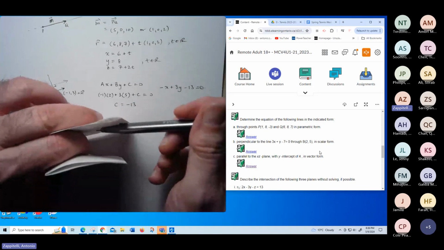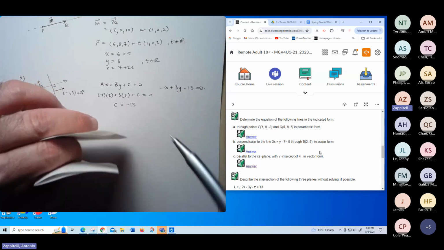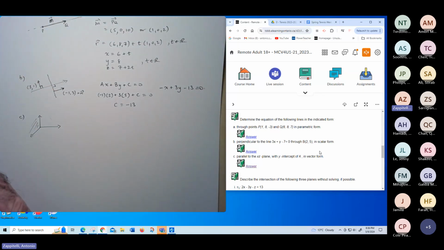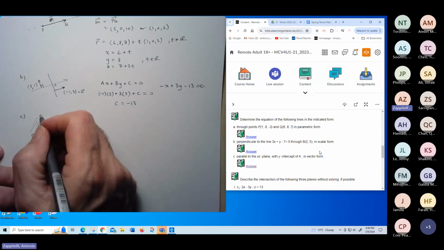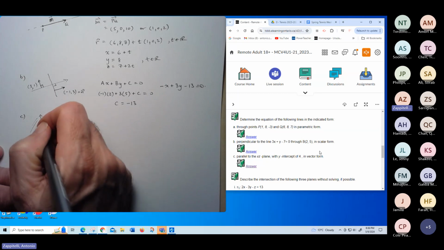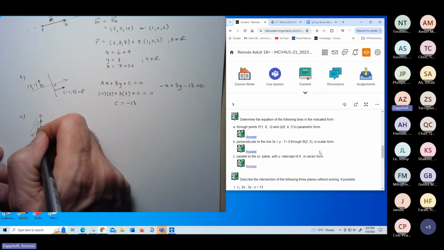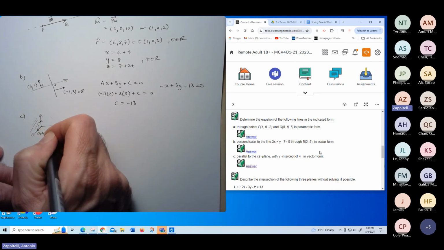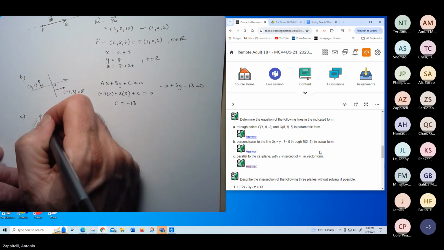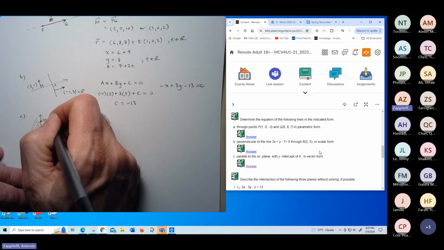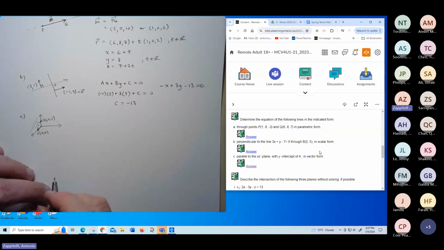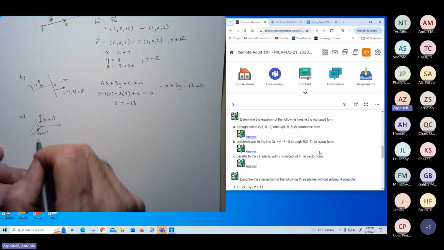Any vector on one plane I can move, and it'll be a vector on the other plane. Okay. So since I'm on the XZ plane, I might as well use the really easy basis vectors, 1, 0, 0, and 0, 0, 1. Okay, so these are my two direction vectors.